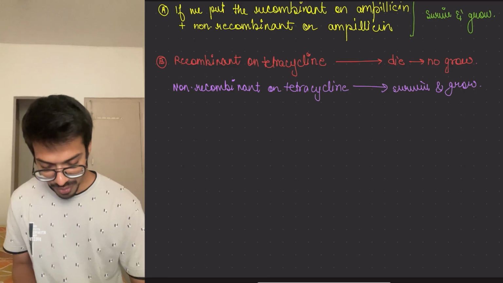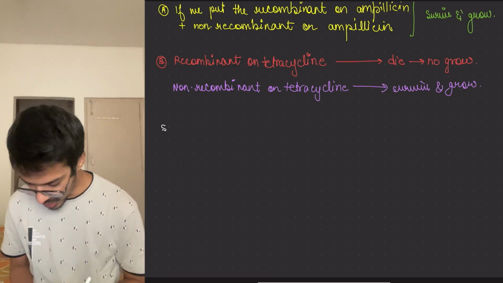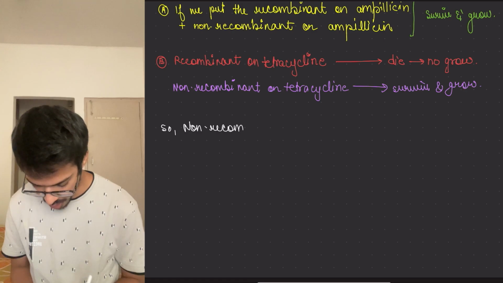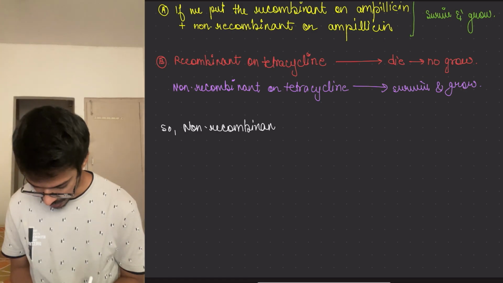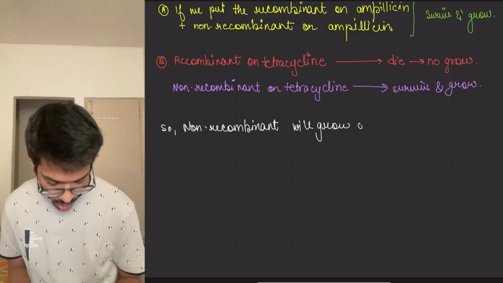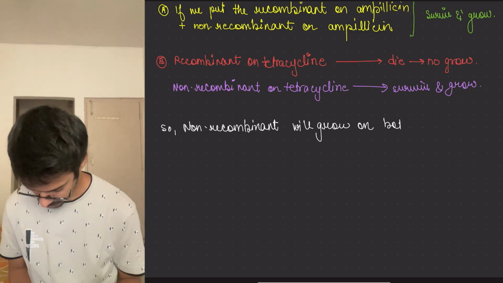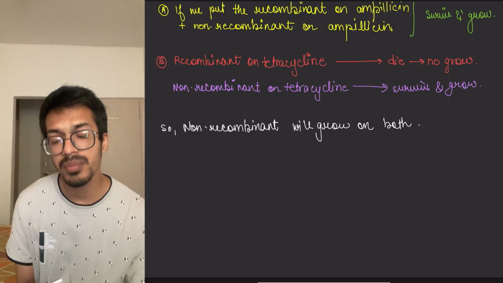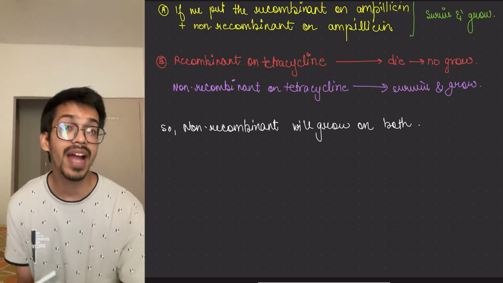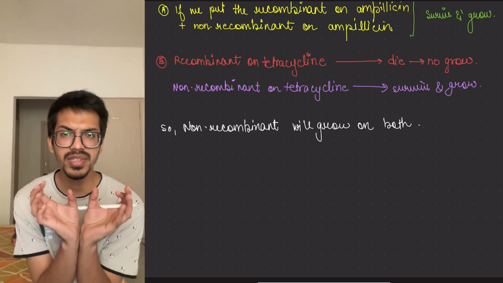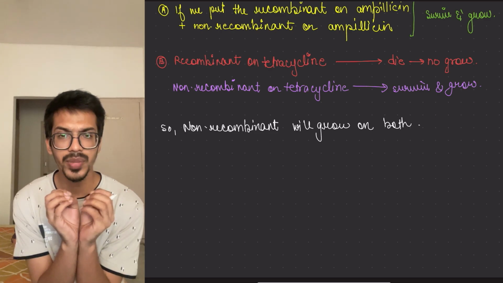So with this fact, what do we come to know? We come to know that the non-recombinant will grow on both. The reason they are growing is that the plasmid that we have opened up can close itself again.